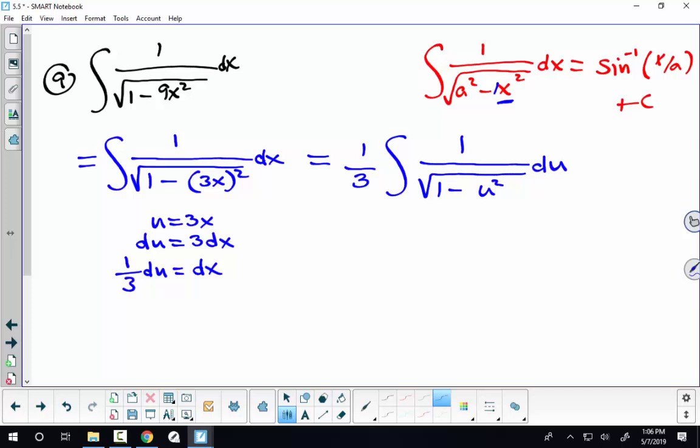So then we can see that, I think, a little bit more clearly, that the antiderivative of 1 over square root of 1 minus u squared is the inverse sine of u. And technically our a is 1, so if you want to look at it initially as the inverse sine of u over 1, totally fine.